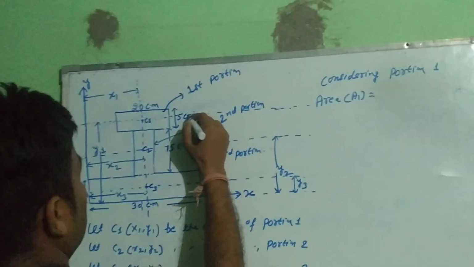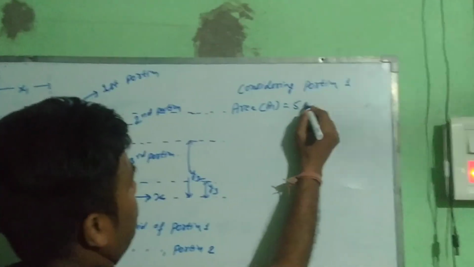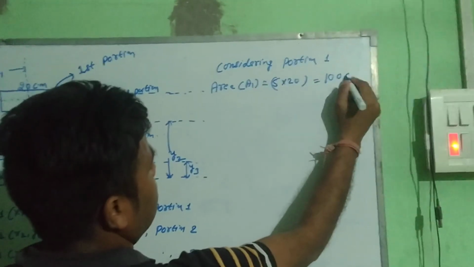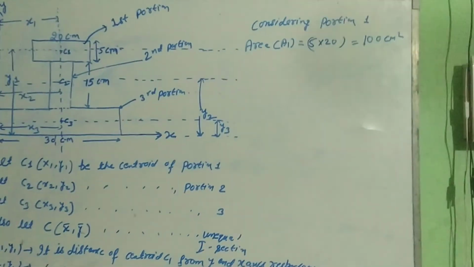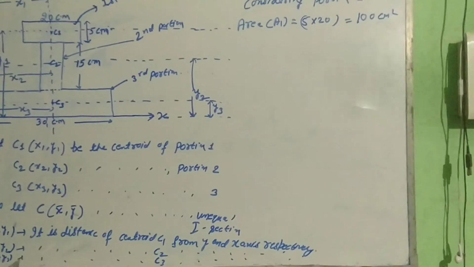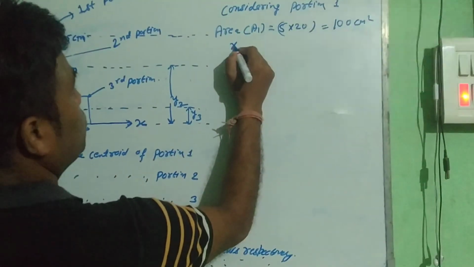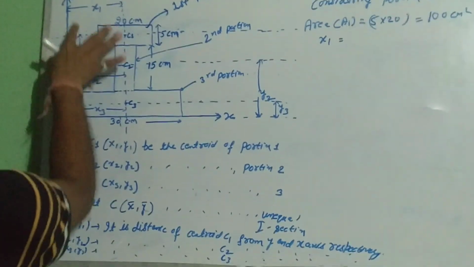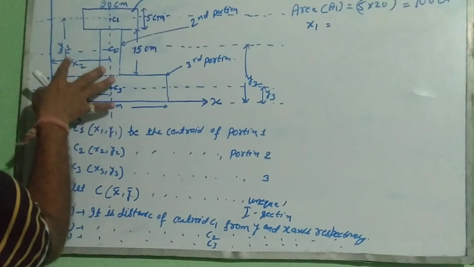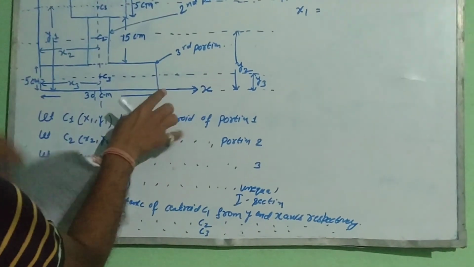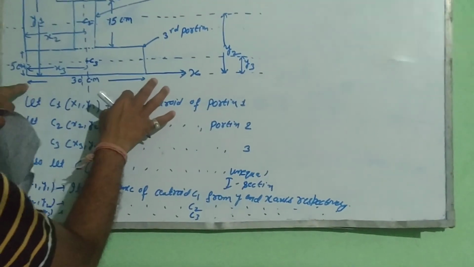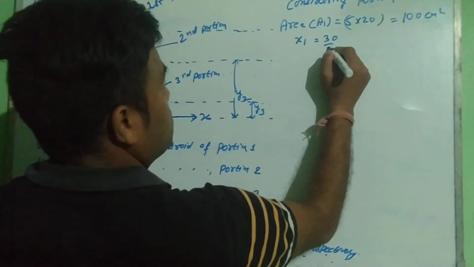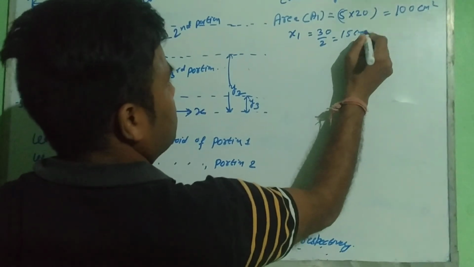So 5 into 20 is equal to 100 centimeter square. Now x1. What is the value of x1? It is half of this portion. Total length is 30, and half of this is x1. 30 by 2 is equal to 15 centimeter.